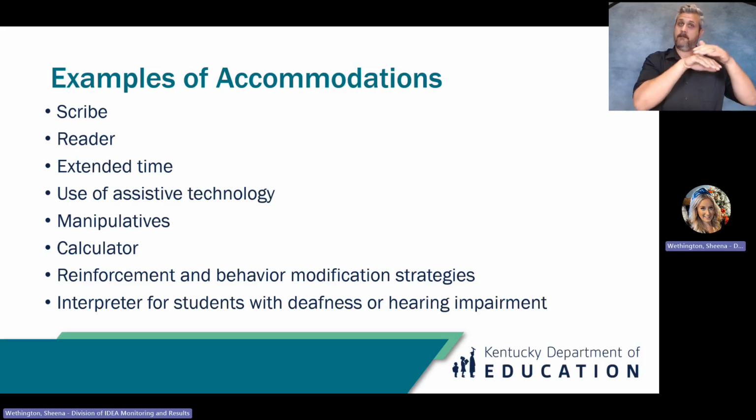Accommodations will not alter what the student is expected to learn. An accommodation makes learning accessible to all students and allows the students to demonstrate what they learn. The changes are made in order to provide a student with equal access to learning and equal opportunity to show what he or she knows and can do.